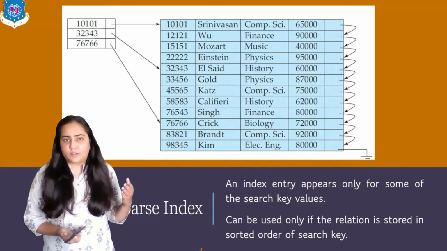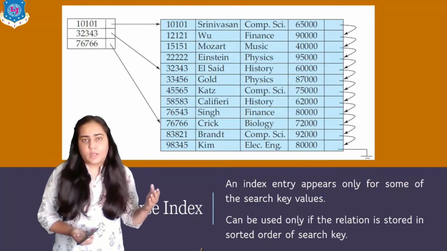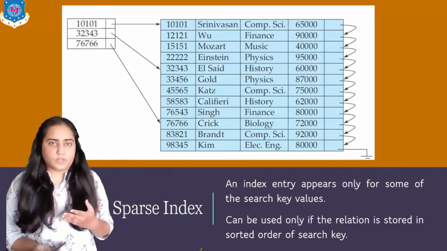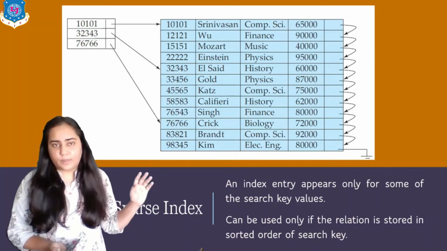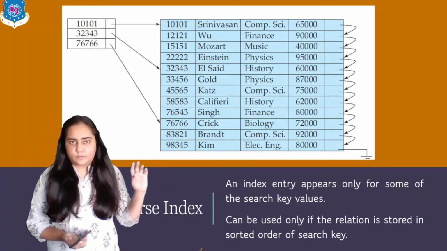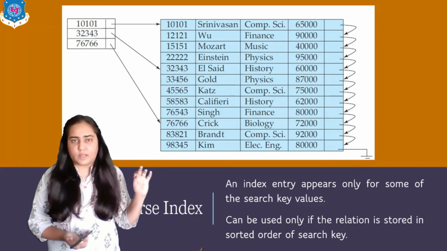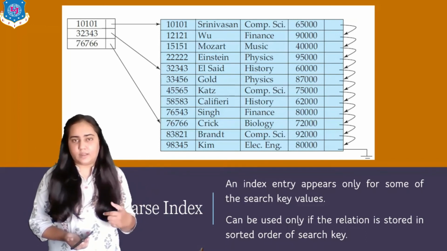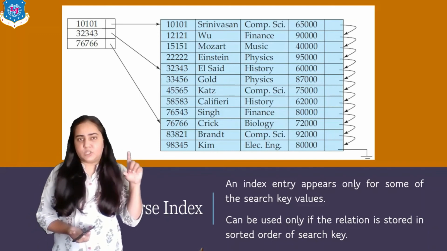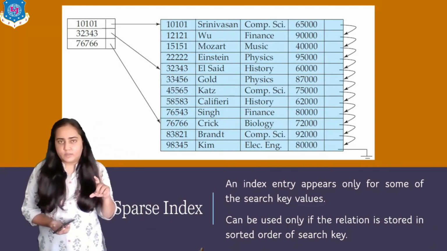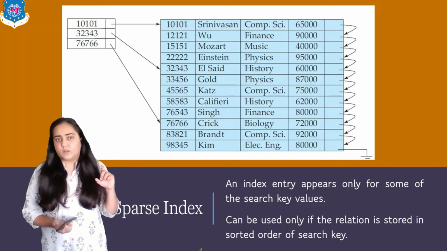And so I'll compare it with the second entry, and 12121 is less than that. And so I will go back to the first entry, check its address, and I will know that my ID is going to be present in this range, in this much area. If it is not present there, then that means that ID does not exist.